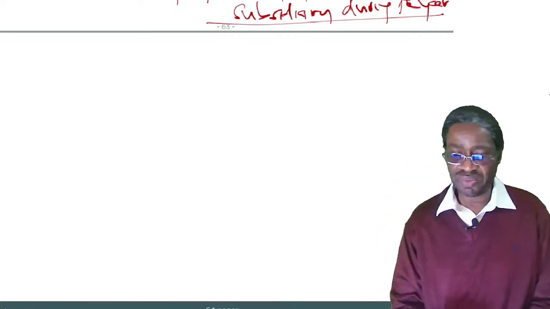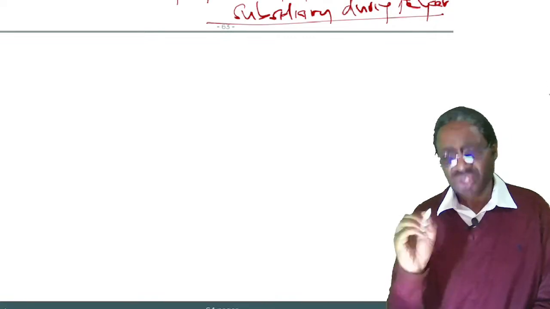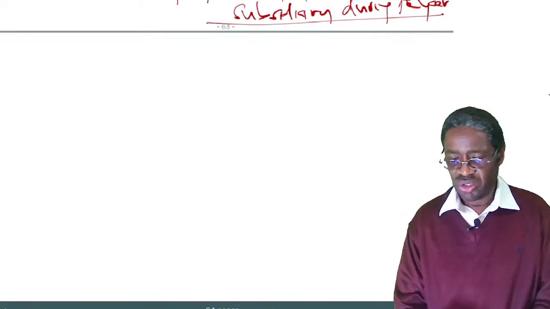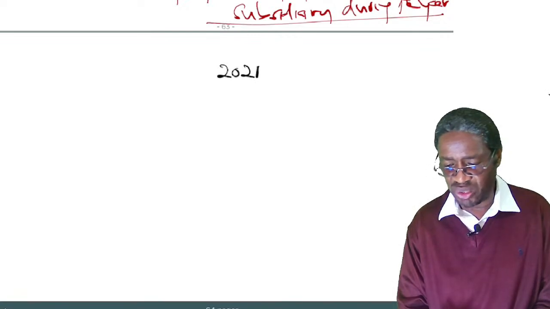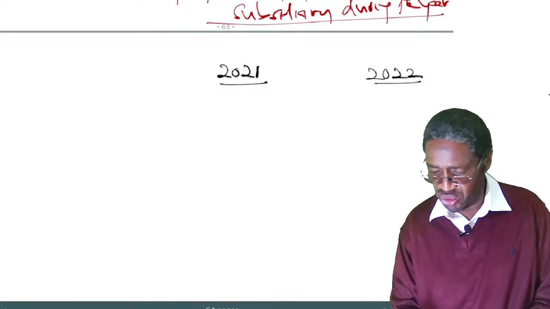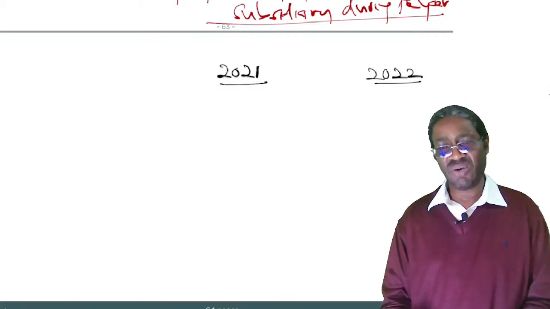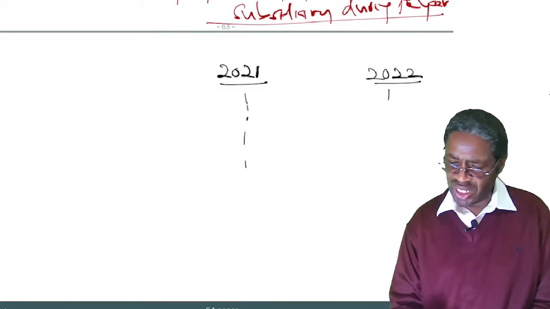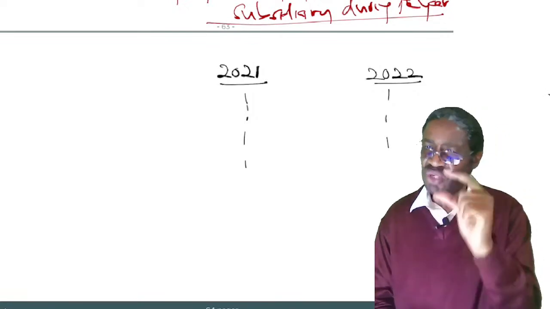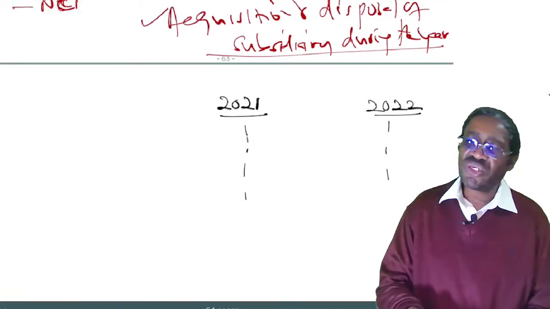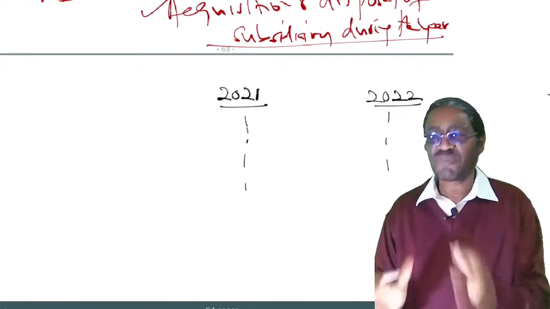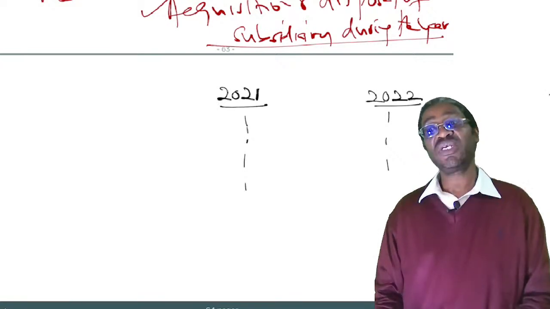Let me assume that our current year is 2022. So you will be given the balance sheet for 2021 and a balance sheet for 2022. Now we want to look at how you deal with acquisition or disposal of a subsidiary during the year.